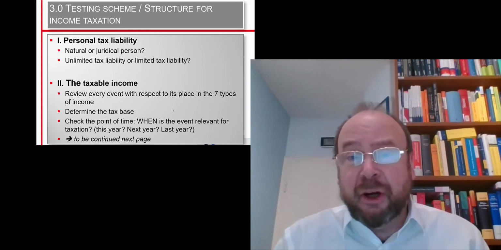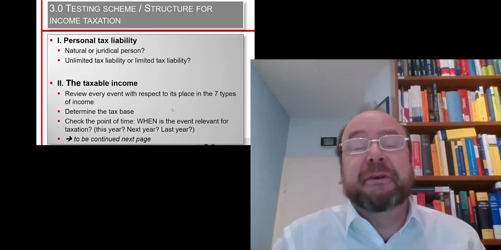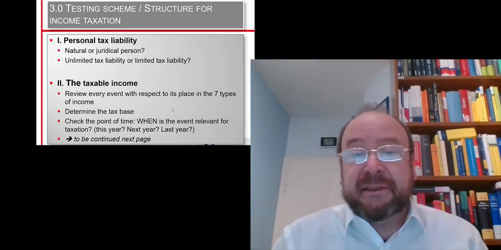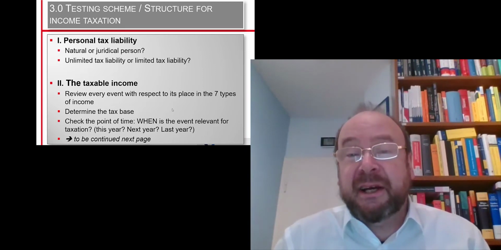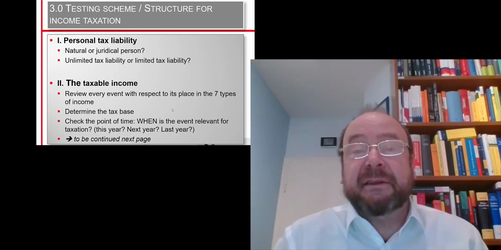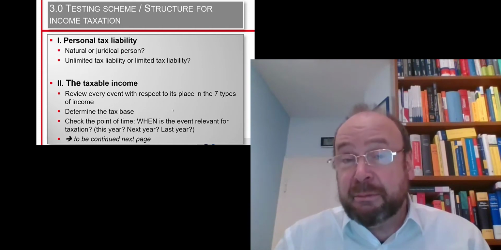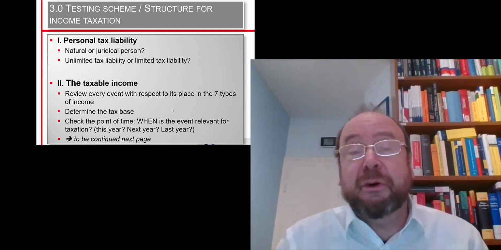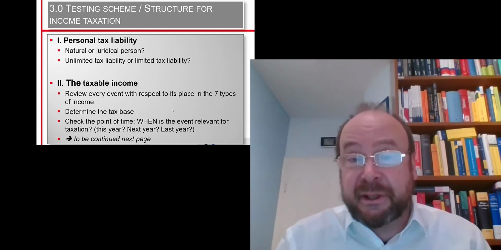For example, under German income tax law, there are two different tax bases depending on which type of income you have. One is the profit and the other one is the surplus. And so you would decide, I need the profit or I need the surplus. Then you know what to calculate and can calculate it.